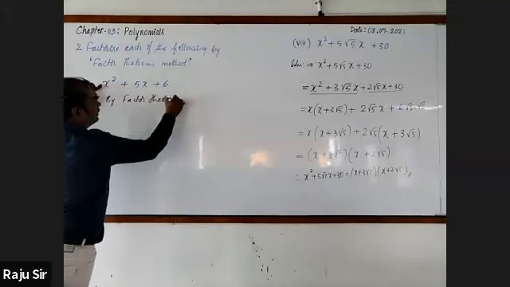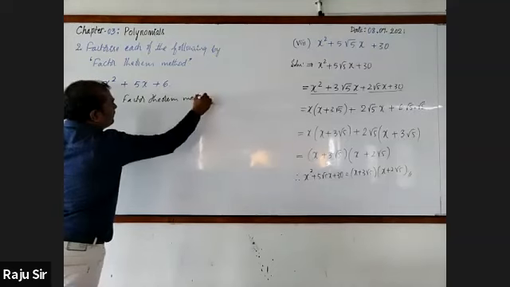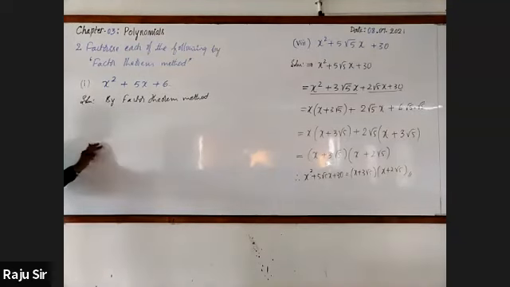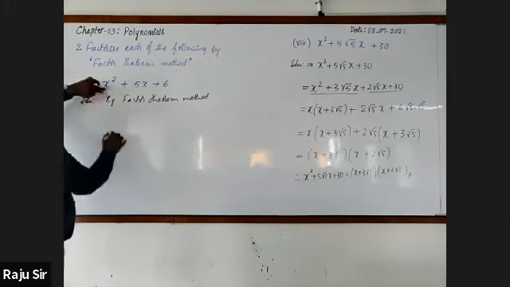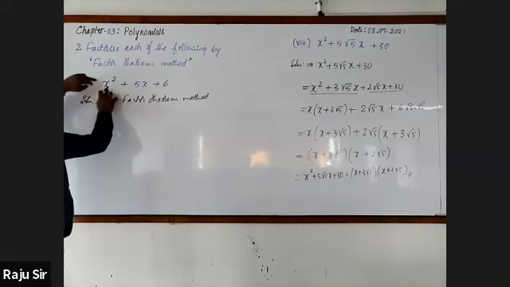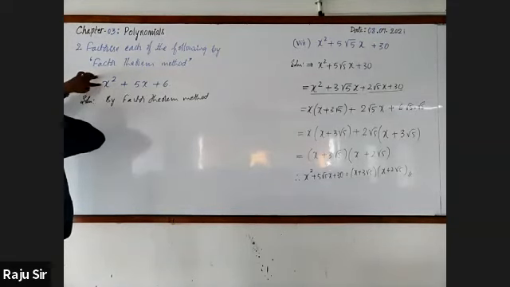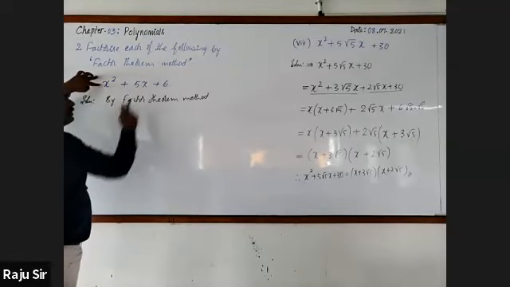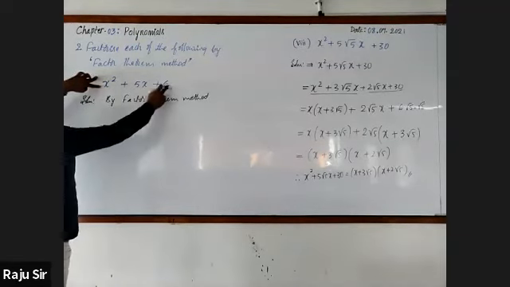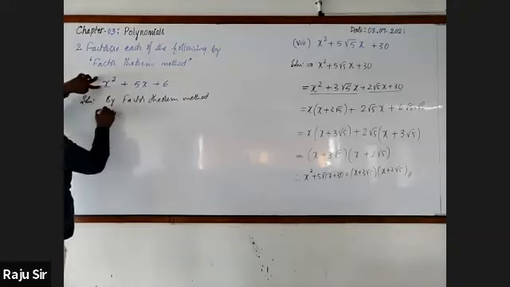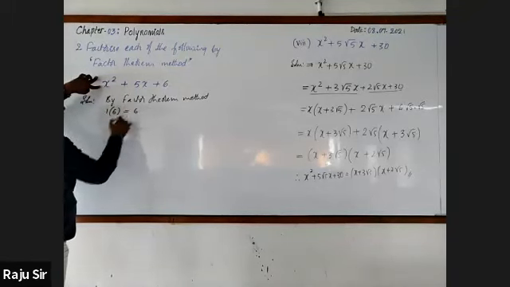Write with me. As I said, you have to multiply the first and last. 1 into 6 is 6. This is equal to 6.